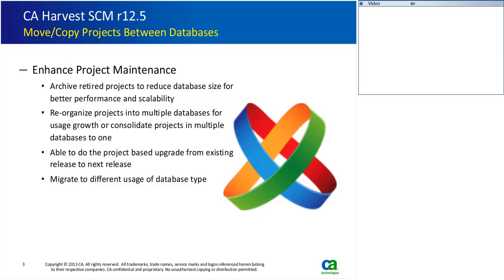This is the new way you can move inactive projects to a different database, and reduce the current production database size to achieve better performance and scalability. You can also reorganize your projects into multiple databases so you can run with multiple brokers, as well as the reverse: consolidate a number of projects from different databases. So it's a very flexible solution.